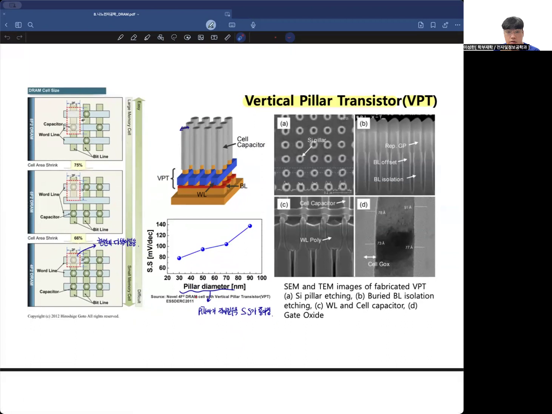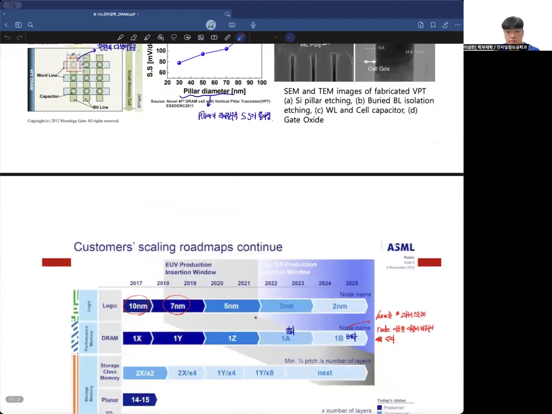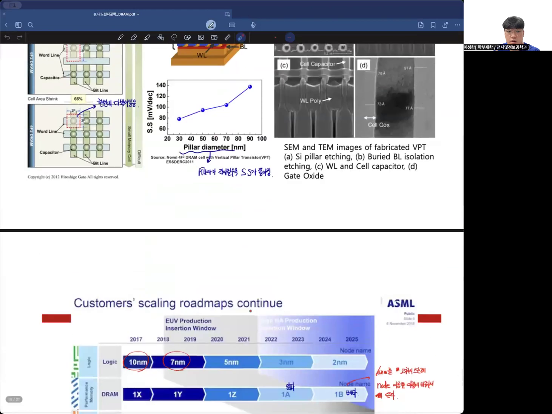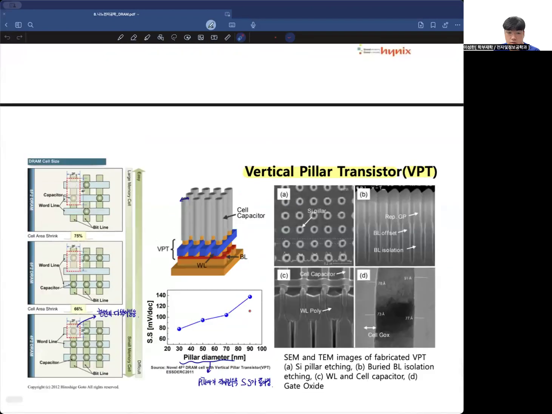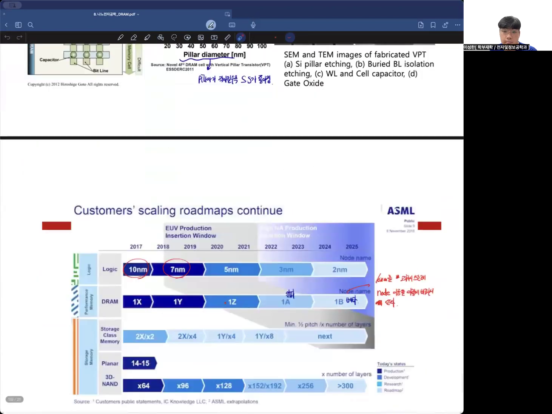We can call this the vertical pillar transistor. This is the total thing about the DRAM cell array.